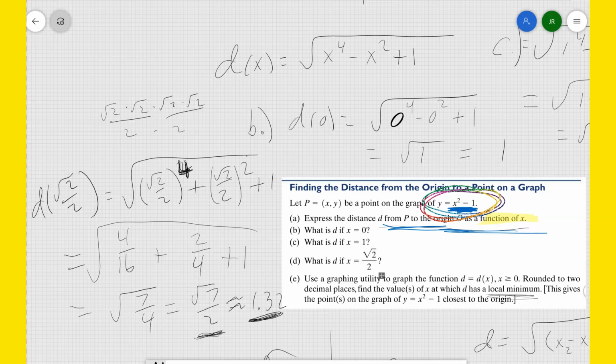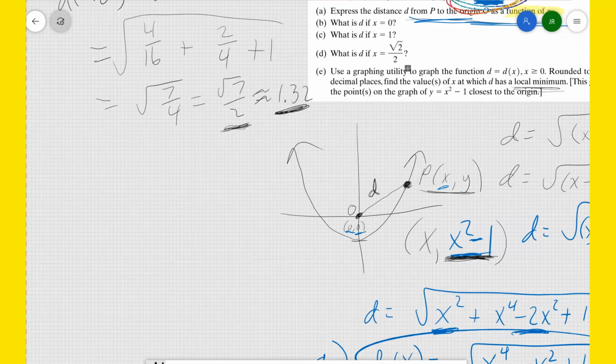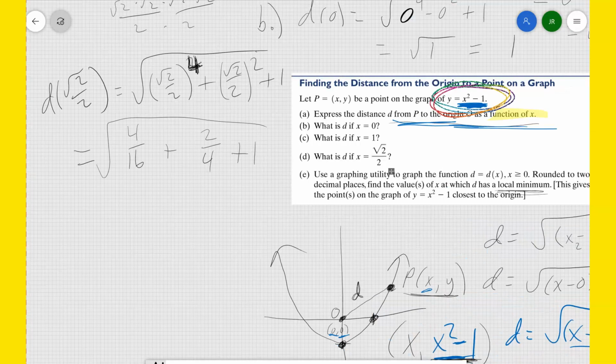So I'm trying to minimize the distance. Notice I kind of already know about where it's going to be. This was 1 away. This was 1 away. I noticed a mistake here. That was supposed to be a minus sign right there.